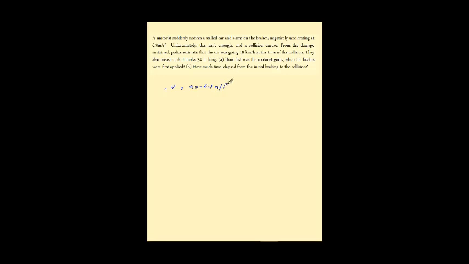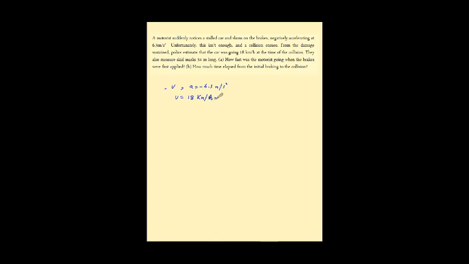Unfortunately, this is not enough, and a collision ensues. From the damage sustained, police estimate that the car was going 18 kilometers per hour. So v in this case is 18 kilometers per hour.